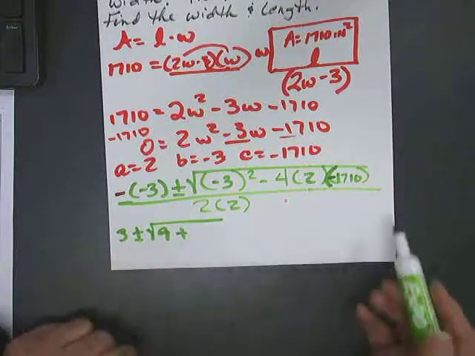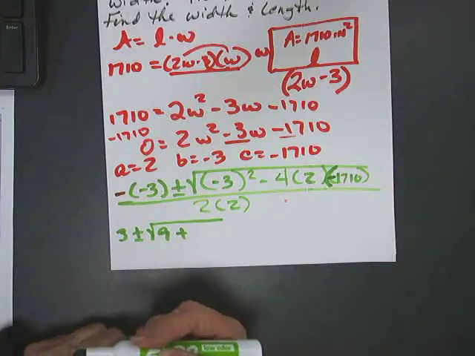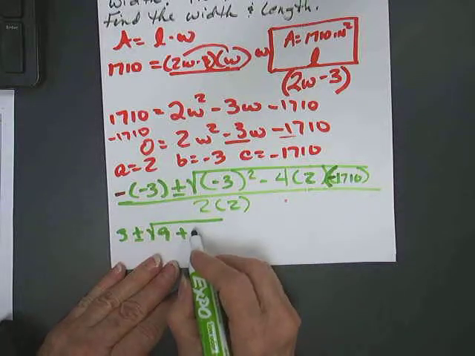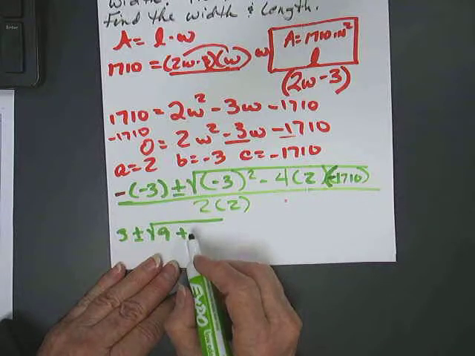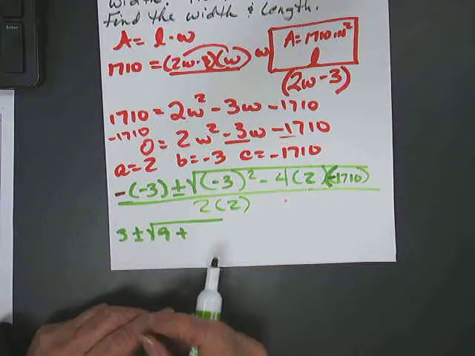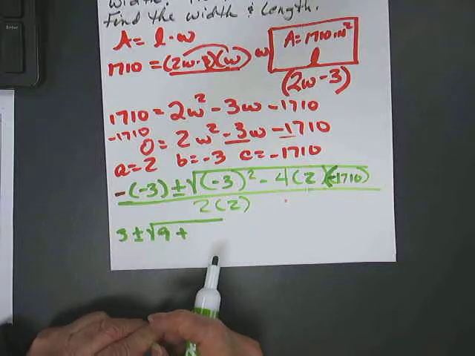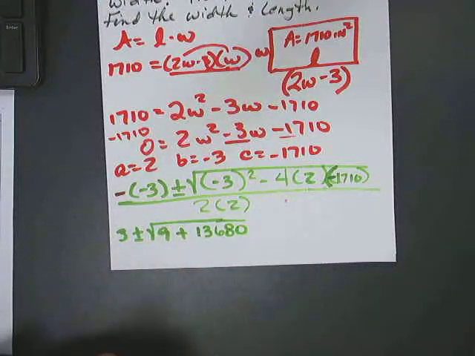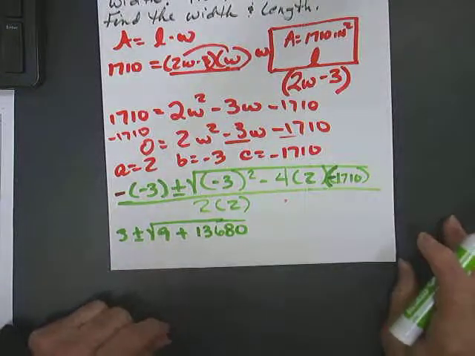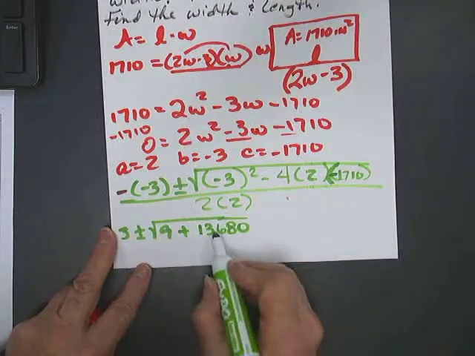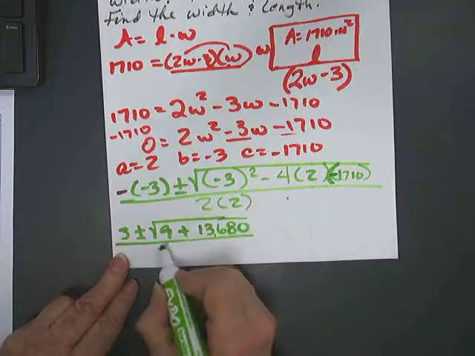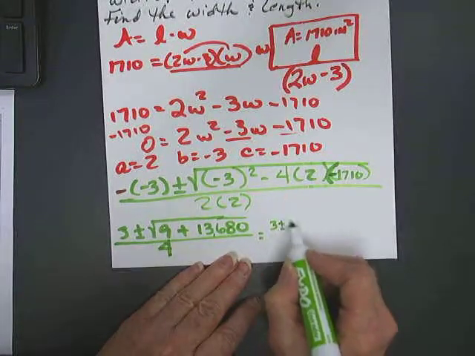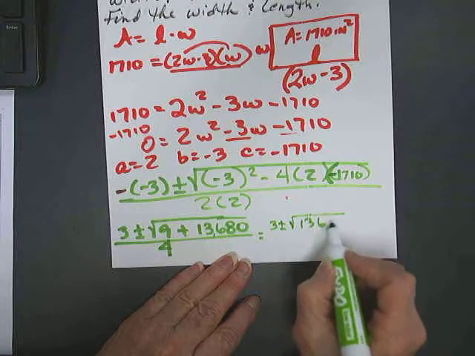So we have 3 plus or minus the square root of 9 plus, it's a big number, 4 times 2 times 1710, which is 13,680. And 2 times 2 is 4.